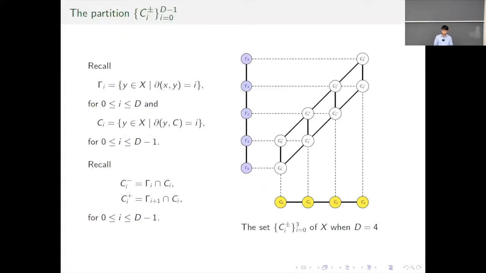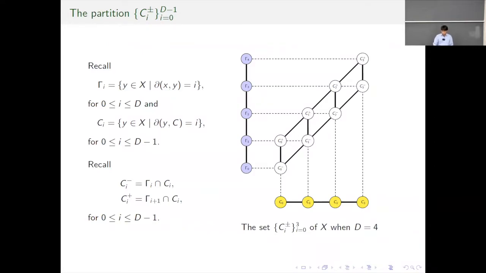So again, we construct the two-dimensional distance partitions with respect to X and with respect to C, a staircase shape. But the one thing we need to be aware of in this picture is that there's no connection between this cell and this cell. So if you choose this cell, for example, this cell is adjacent to this one and this one and this one, with no connection between these.